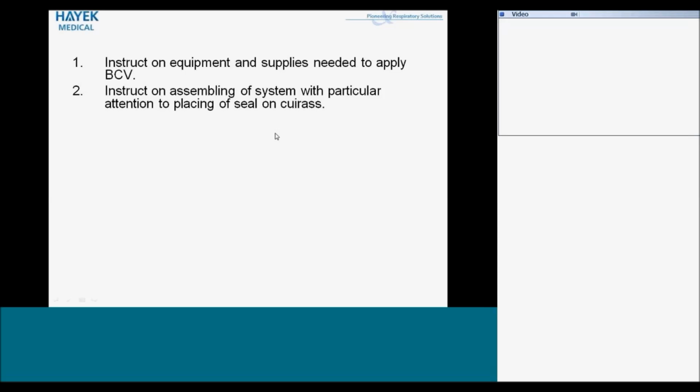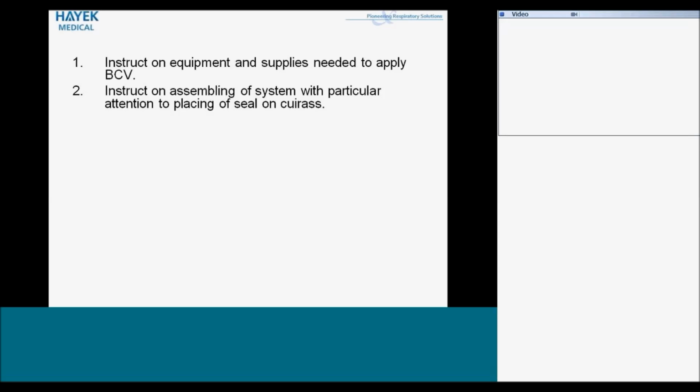So then you're going to instruct them on assembling the elements of the system with particular attention to placing the seals on the Kuros. And you will find, if you have not already, that probably one of the most difficult elements of applying BCV initially is developing skill with placing the seal on the Kuros. And I've had people say, oh, that's so hard. It's a skill.